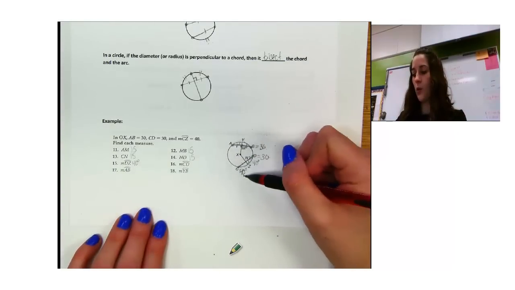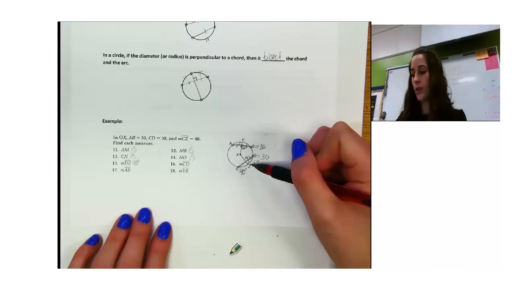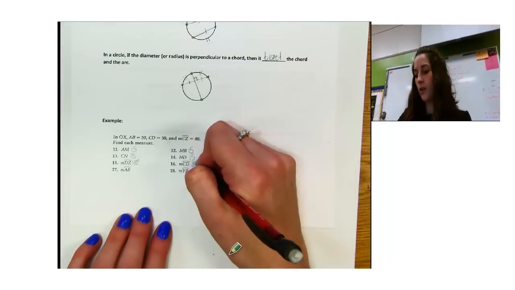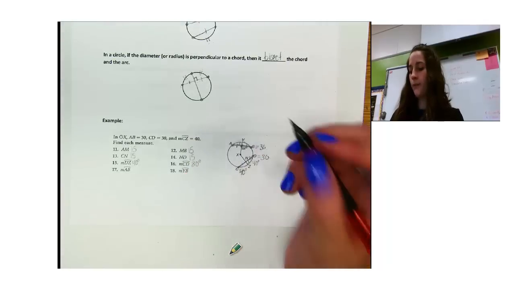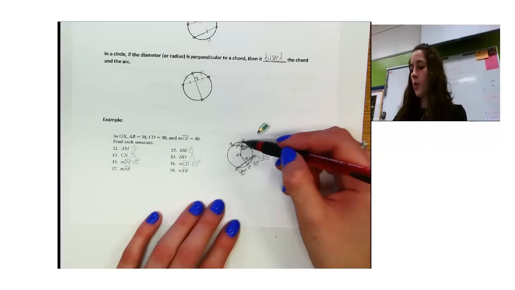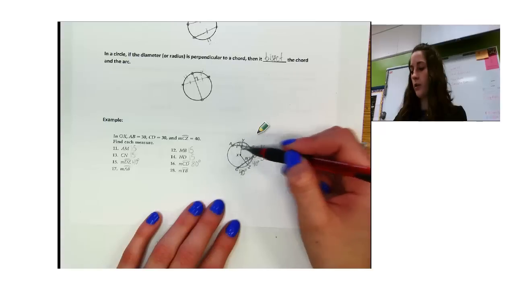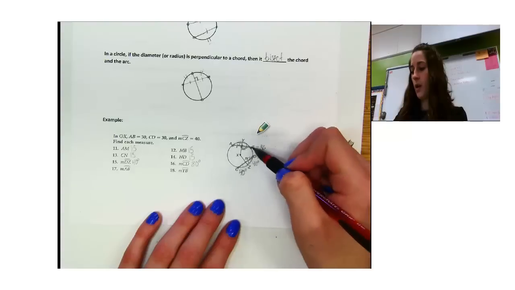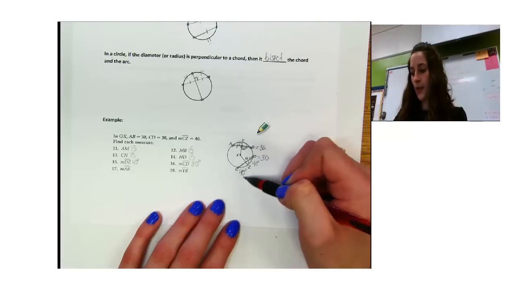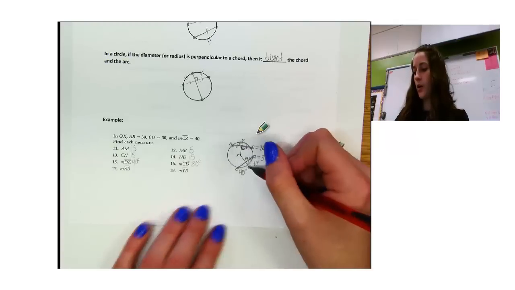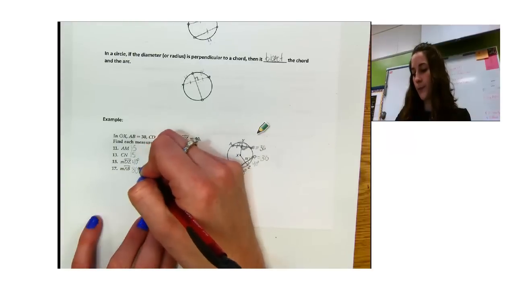Well, since we know CZ is 40 degrees and ZD is 40 degrees, the measure of arc CD is just going to be those two added together, which makes it 80 degrees. And measure of arc AB. Well, we know if two chords are congruent to each other, then their corresponding arcs are congruent to each other. So since AB is congruent to CD, that must mean arc CD is congruent to arc AB. So we're also going to get 80 degrees here.